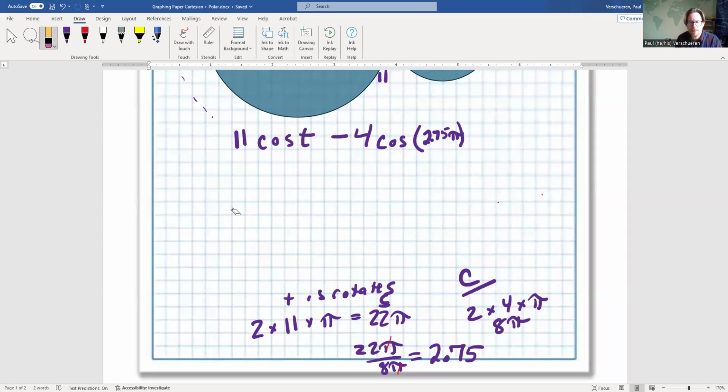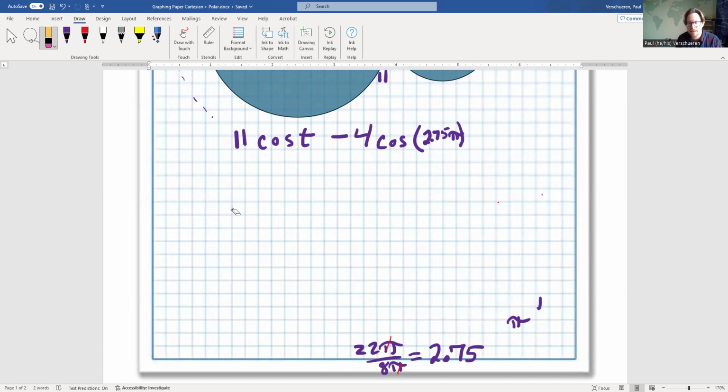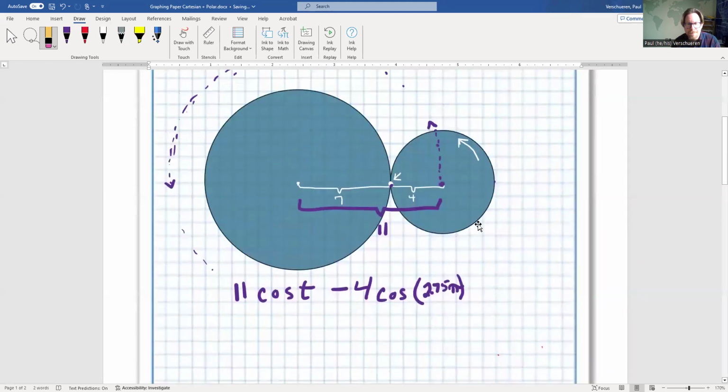The Y position, luckily, is very similar, as in the same period affecting both circles is going to be the same setup. The only thing we need to know is that, if we look at this initial point and think about the rotation, notice that it's rotating this way, so it's on its way down at the start. So the larger circle is similarly going to be, this is really all related to X, this top one.